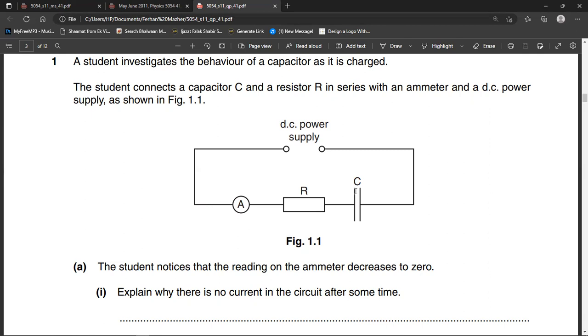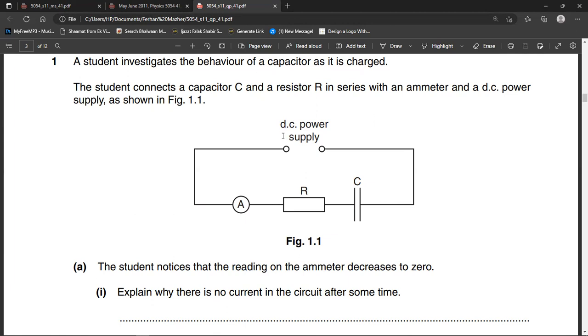As the opposite charge accumulates on both the plates, the potential difference between these plates will increase. And after some time, when this is fully charged, positive to its maximum capacity and negative to its maximum capacity, the potential difference between these two plates will become equal to the potential difference or the EMF of the battery.